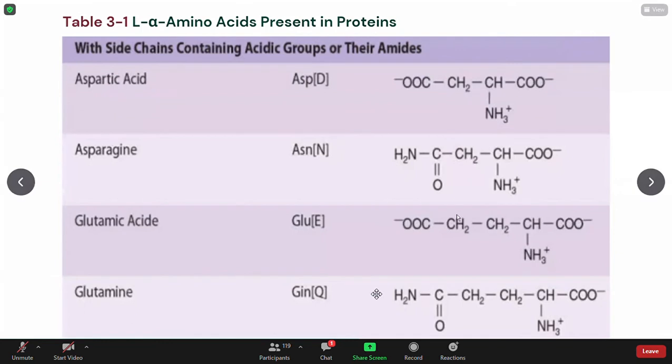So let's start this one. 1, 2, 3, 4, 5. 5 carbons. Glutamic acid. Glutamine. 1, 2, 3, 4, 5. No?